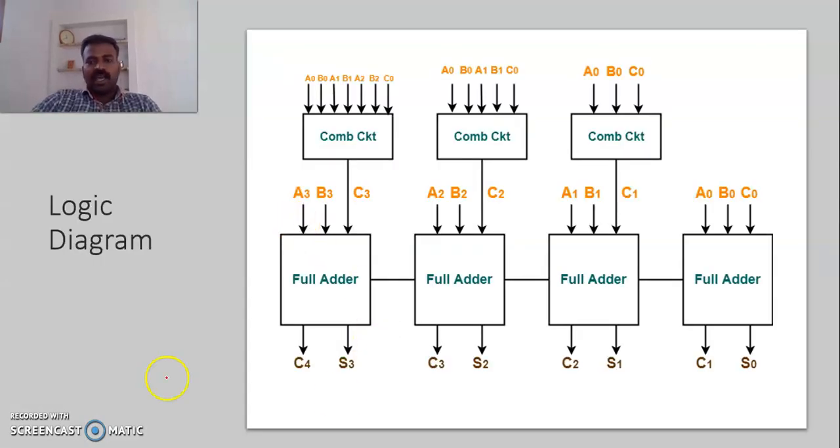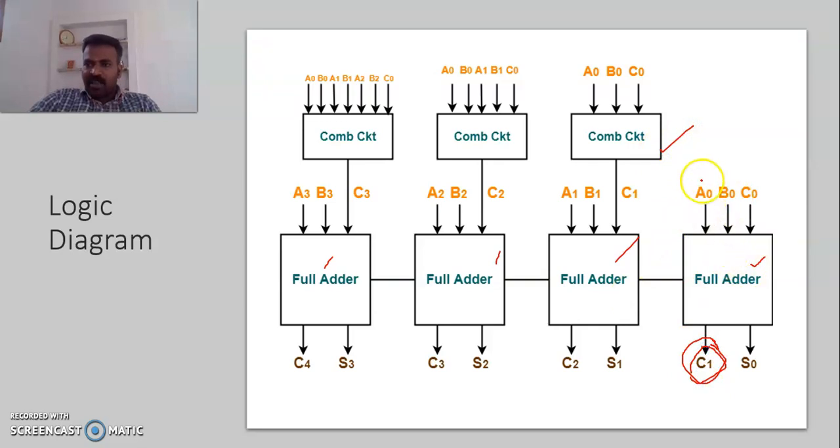See, this is the logical diagram. First full adder, second full adder, third full adder, and fourth full adder. This will produce a carry output, but this carry output won't go to the next full adder, because for generating the carry a separate circuit is there.